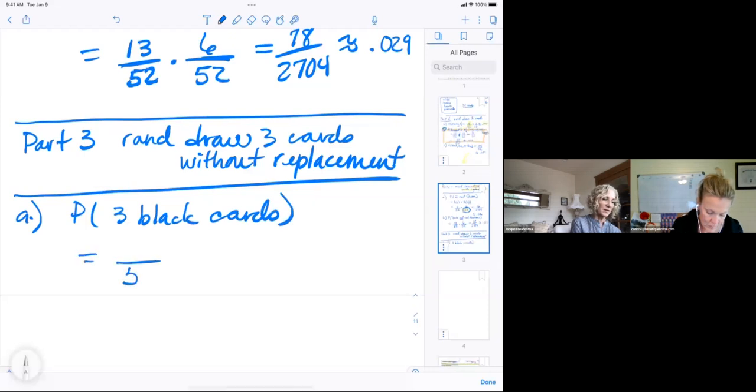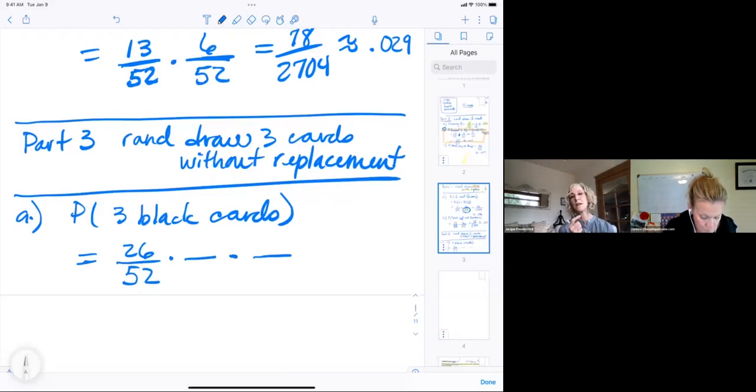So out of the 52 cards, there are 26 black cards. I know I'm going to multiply 3 different times because I have 3 cards I'm drawing. 26 out of 52 is the first. When I draw the first card, put that black card to the side. So now I only have 51 in my deck.